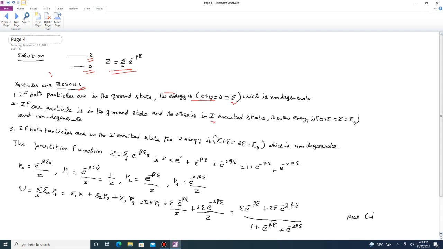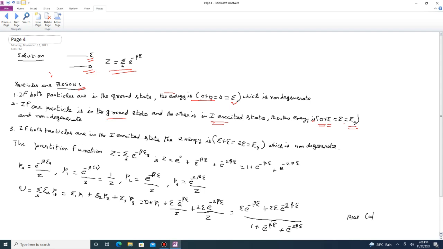The total energy is 0 plus E, so the total energy is E, which is E2, the second energy level. This is again non-degenerate.